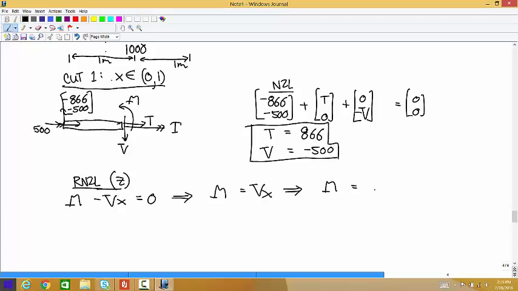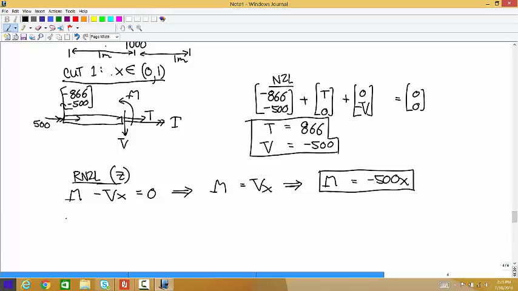So M is equal to negative 500x. And then the moment equation about the x-axis, we have positive 500 plus fancy T is equal to 0. So fancy T is equal to negative 500.